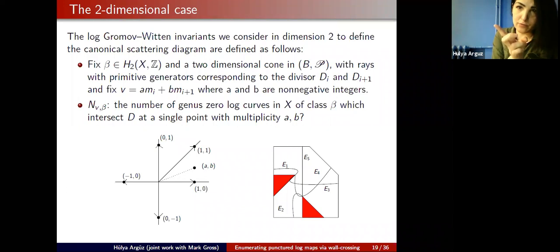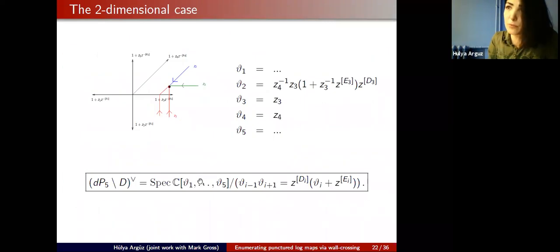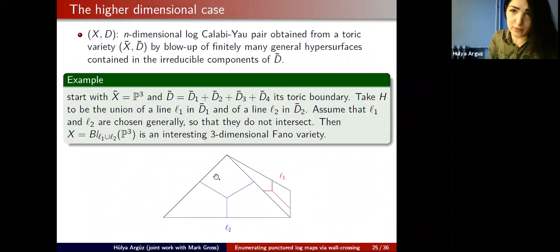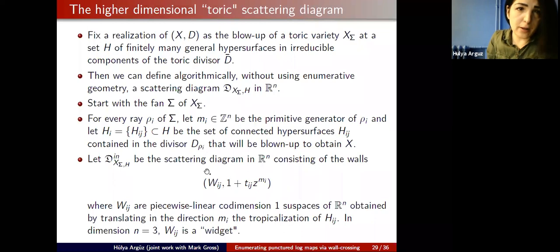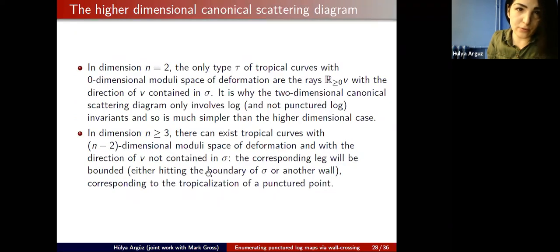It means you have contact number a and contact number b with these two respective divisors, but in higher dimensions, a puncture can occur if you hit the boundary of a cone. In higher dimensions, it's possible to hit the boundary of a cone. So that's the difference between dimension 2 and higher dimensions, and I'm happy to expand this if you would like. So the short story is that in higher dimensions, we need to consider negative contact orders.